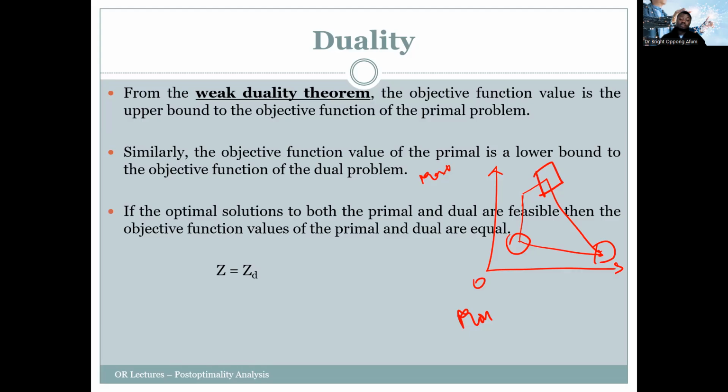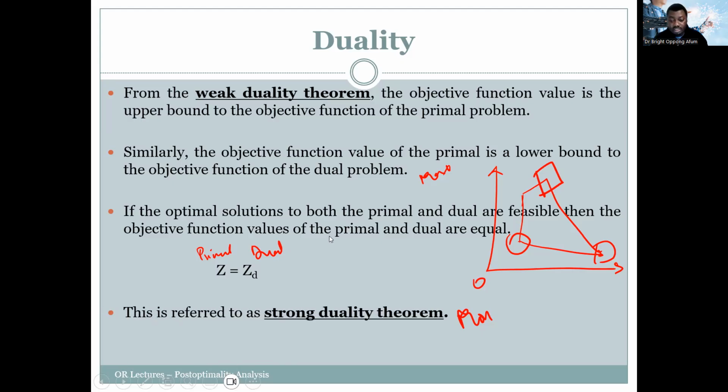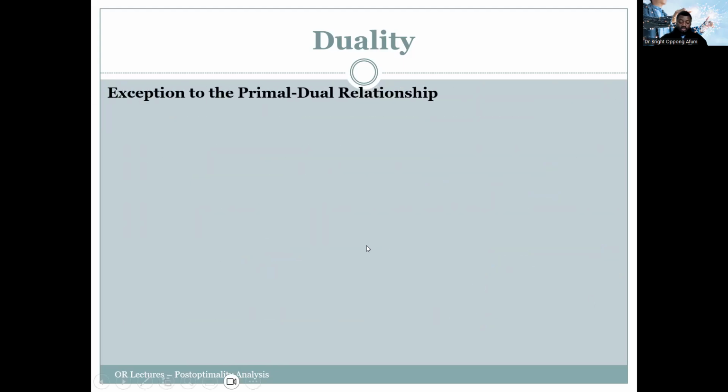If you can solve both, then we say that the Z for the primal is equal to the ZD for the dual. And this is what we refer to as the strong duality theorem. If they are not feasible, then we say there is a weak duality theorem here.